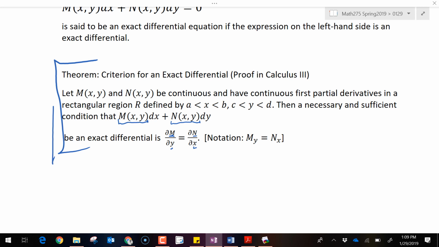Now, if you know that it's an exact differential equation, then you can try to recover the original function, f of x, y.